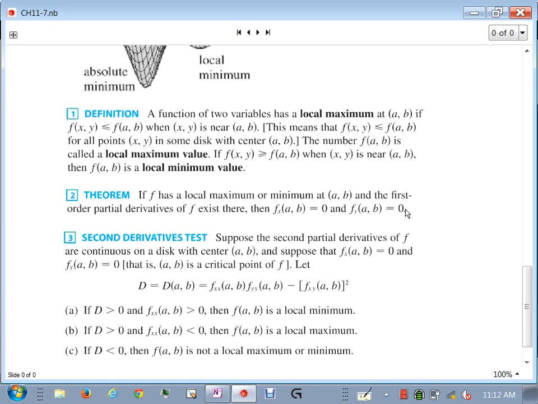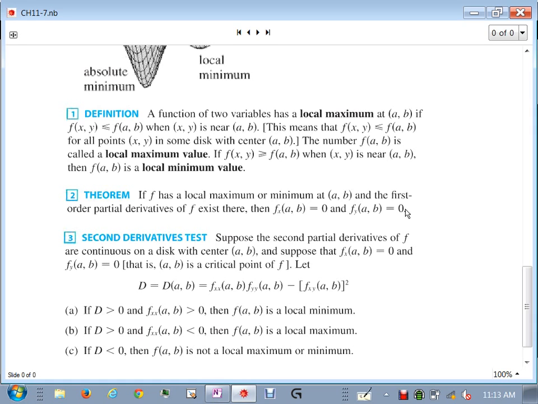Now this is an important theorem that we understand what's being said here. First of all, it's saying if there's a local max or a min, if there is one, and the partials exist at that point, then the partials have to be 0.